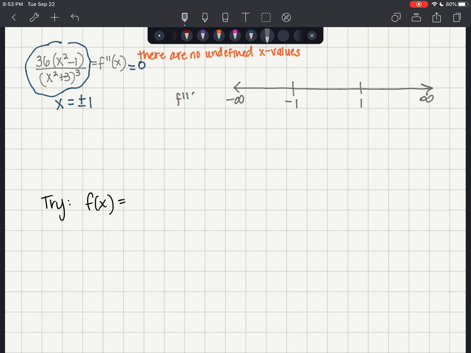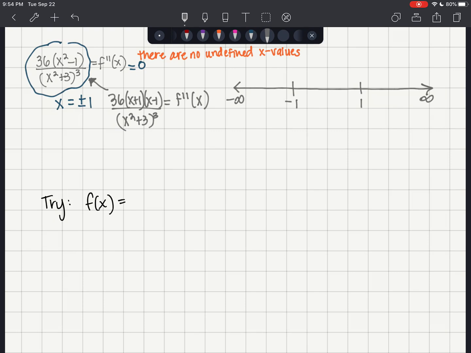I'm checking this into the second derivative, and that is equal to 36 times x plus 1 times x minus 1 all over x squared plus 3 quantity cubed, or 36 times the quantity x squared minus 1 over x squared plus 3 quantity cubed.